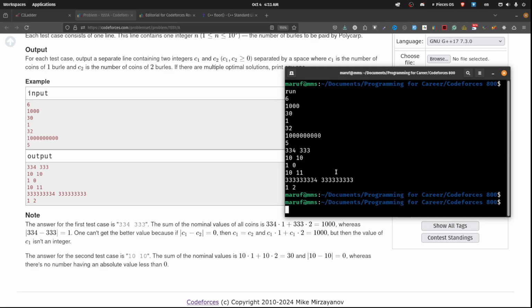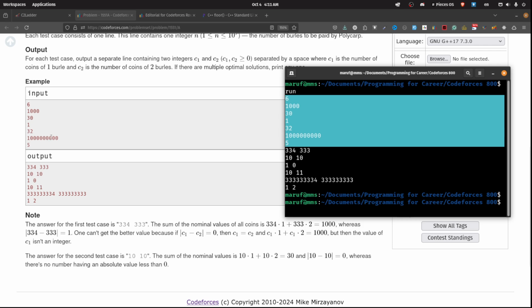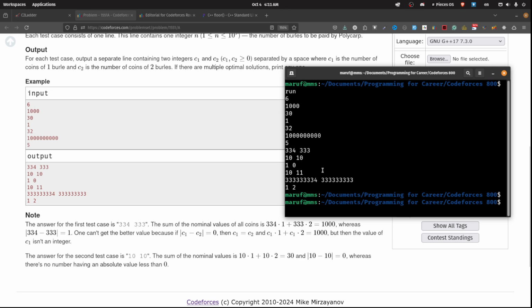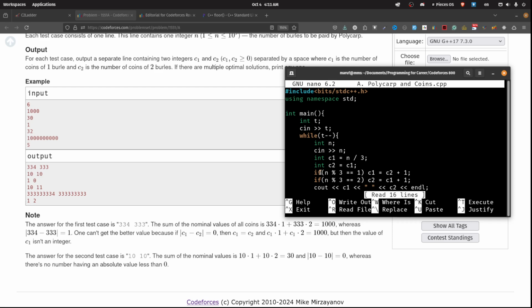This is the input, and I think I get the right answer here: 3334. Finally, I get the right answer. So this is my source code.